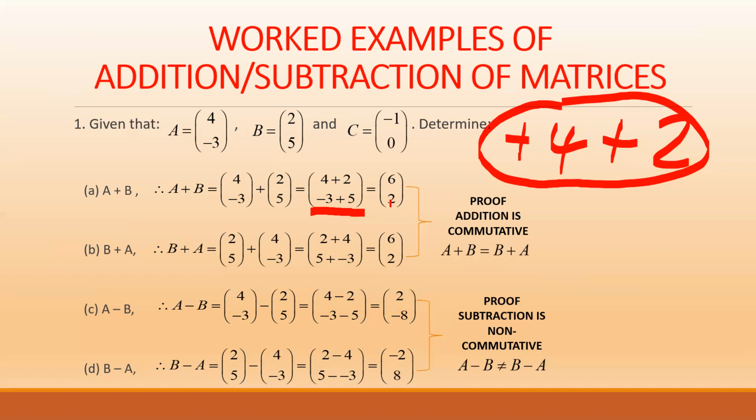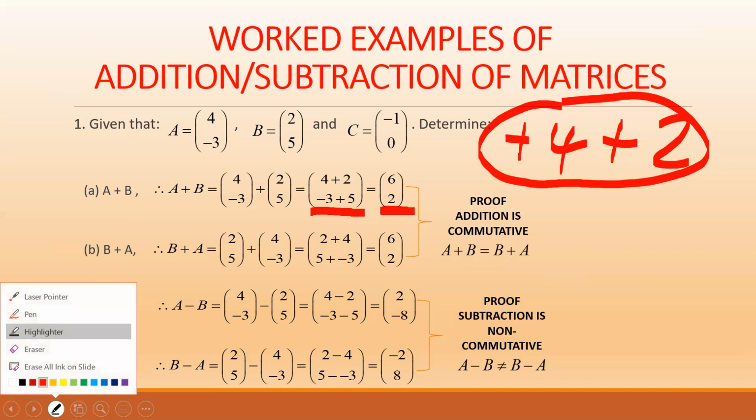So that is how our answer becomes a positive 2 down here. So guys, the sum of A plus B is 6, 2. That's your answer, the matrix 6, 2. Okay, guys, I hope we're clear on that. I'm trying to make it as simple as possible.